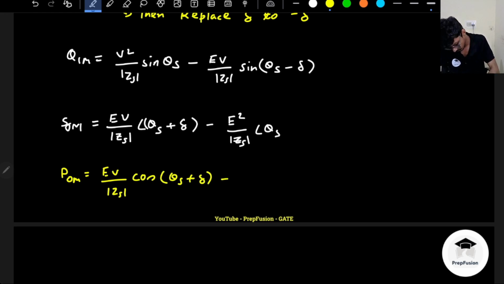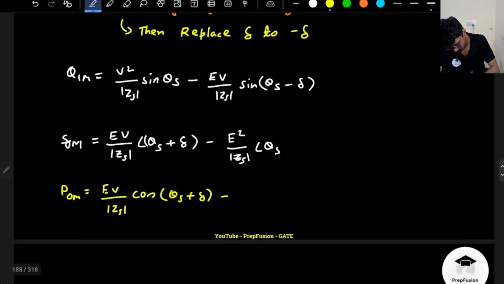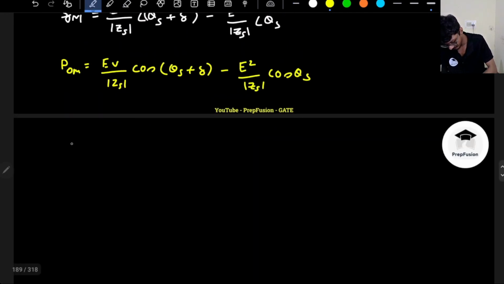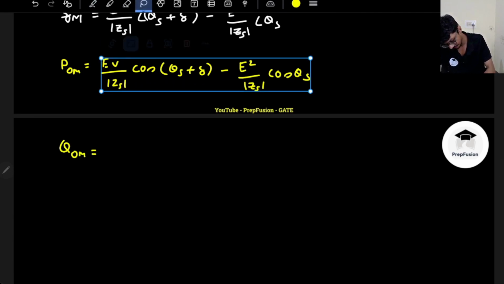How is it? It should not be delta right here. Or should it be delta? Okay, it should be delta only. And it will be E square by magnitude of Zs into cos of theta s. And what will be the reactive power? Reactive power will be the same thing, just it will be replaced with sine.